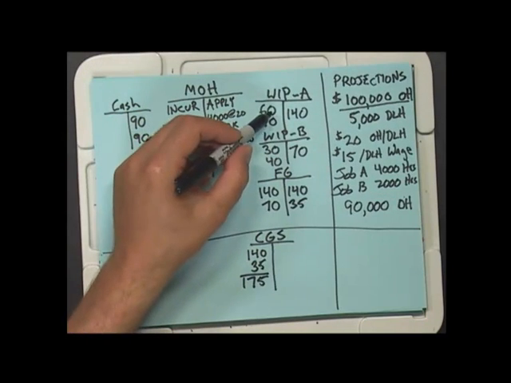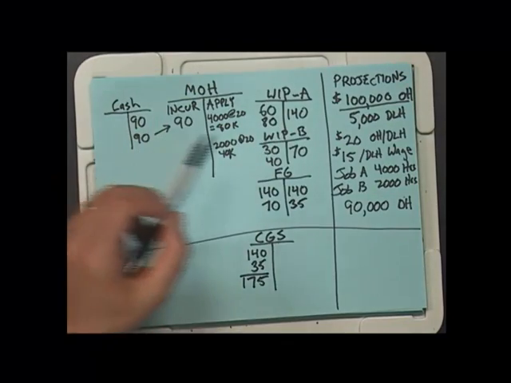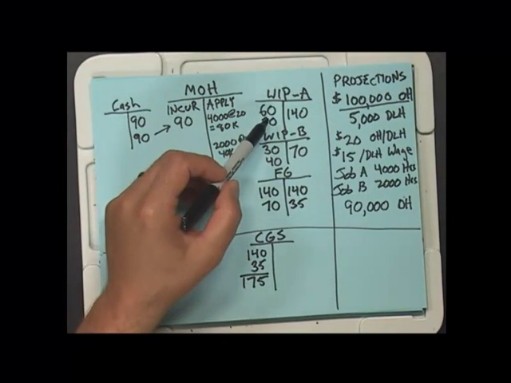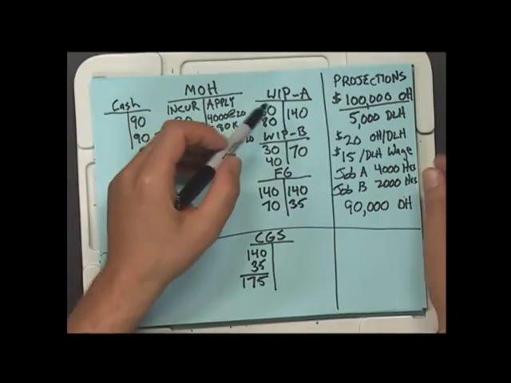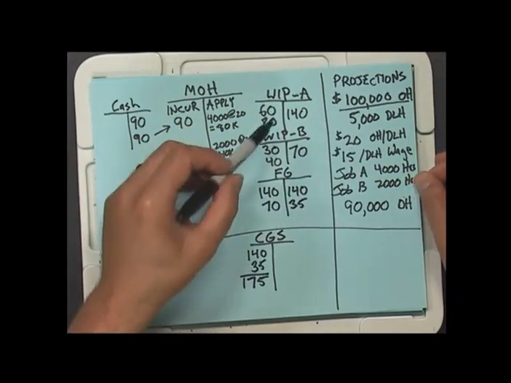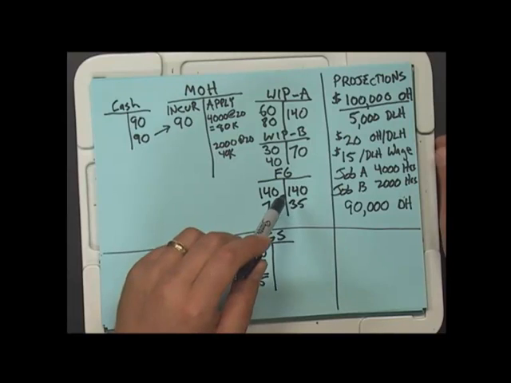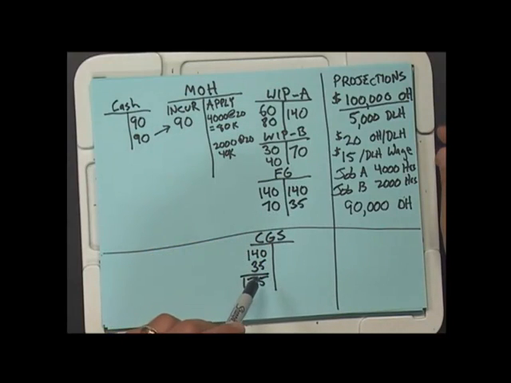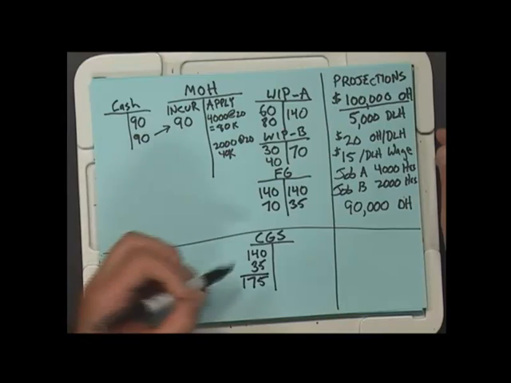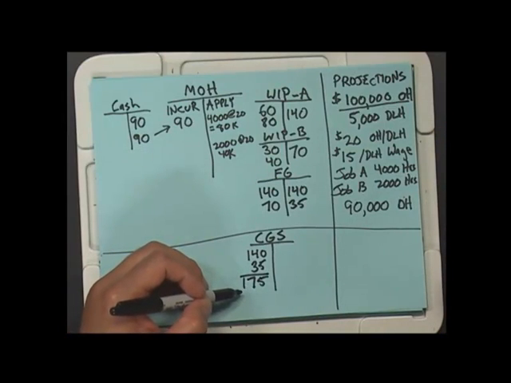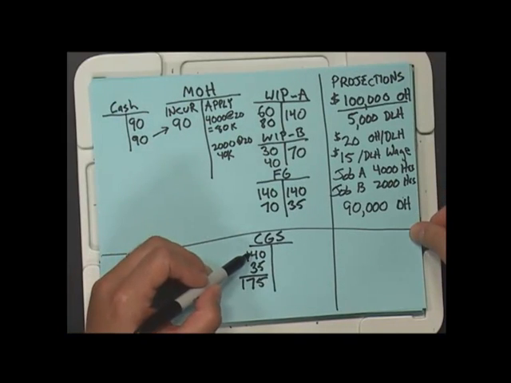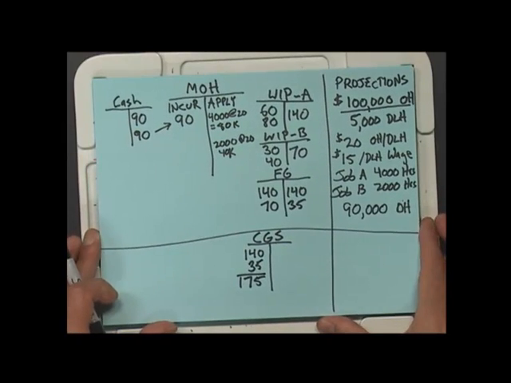I mean all the costs that were applied either directly or indirectly to our jobs, and then made their way from work in process through finished goods all the way to cost of goods sold. So we take each particular thing that we sold, we identify its reported cost, and we add them up. And that gets us $175,000.